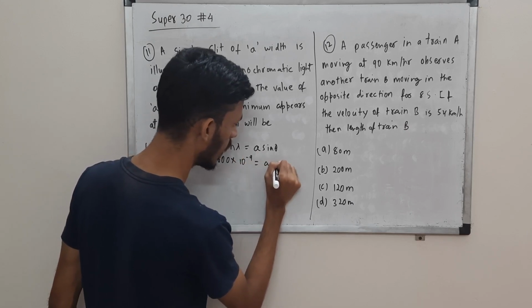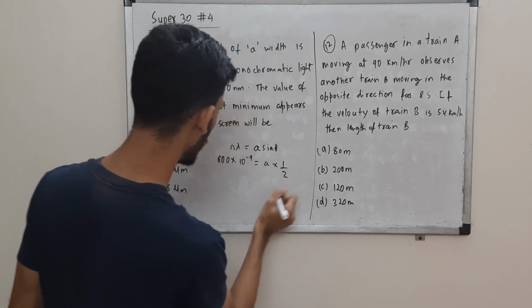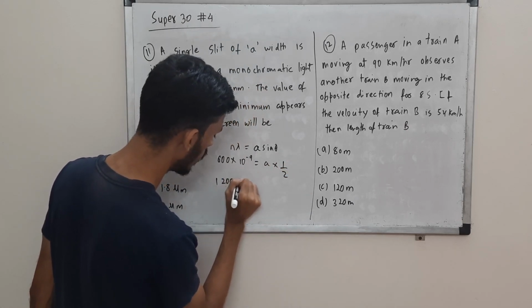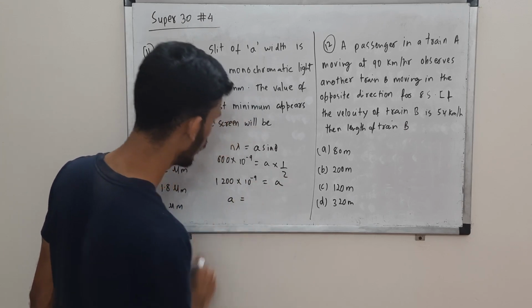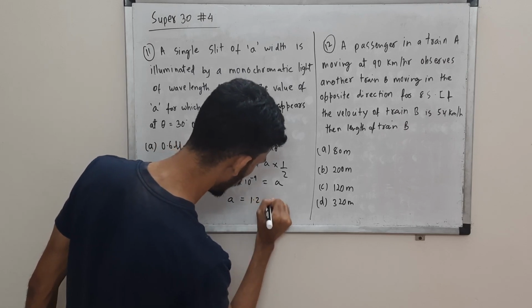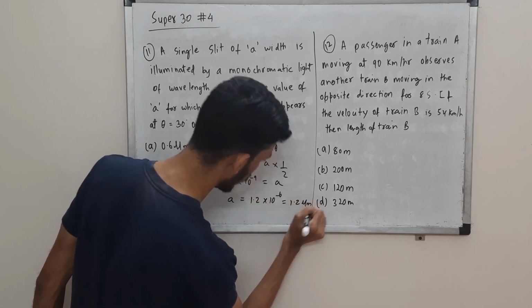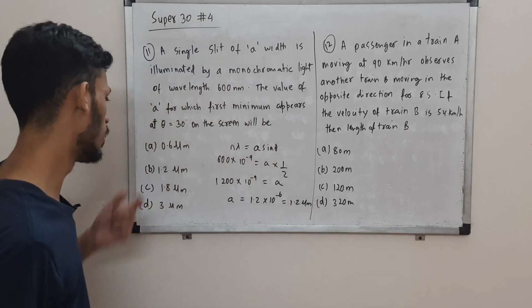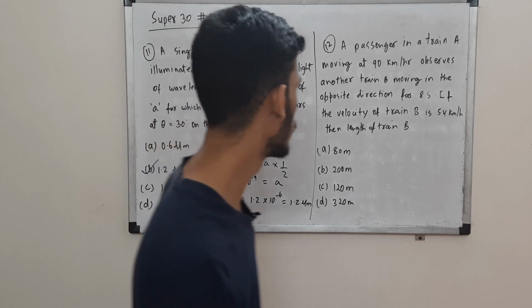A you are supposed to find, and sine of 30 degrees is half, so this will become 1200 into 10 to the power minus 9 for A. You can shift 3 decimals, 1, 2, 3. So your A will be 1.2 into 10 to the power minus 6, or 1.2 micrometer, in micron. So that is our correct choice.